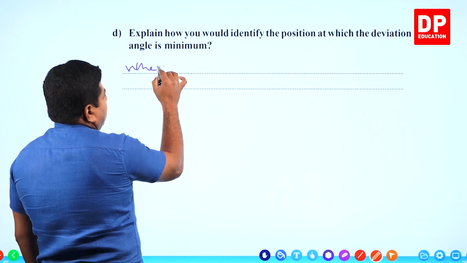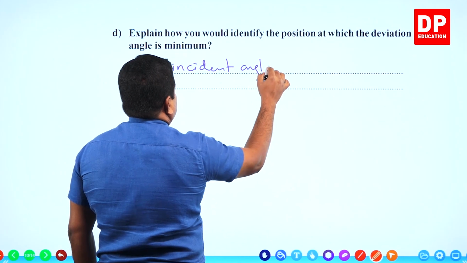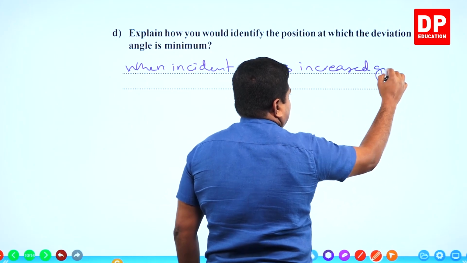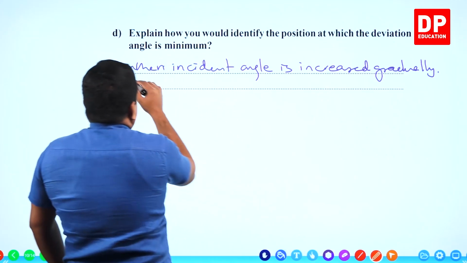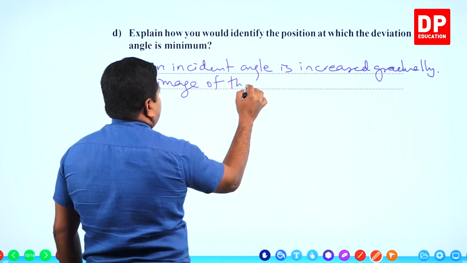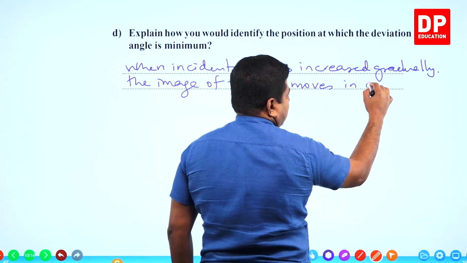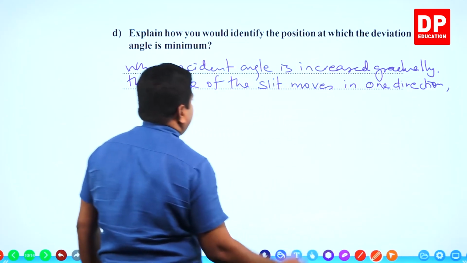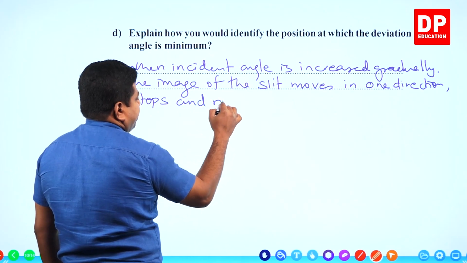When the incident angle is increased gradually, the image of the slit moves in one direction, stops and returns.